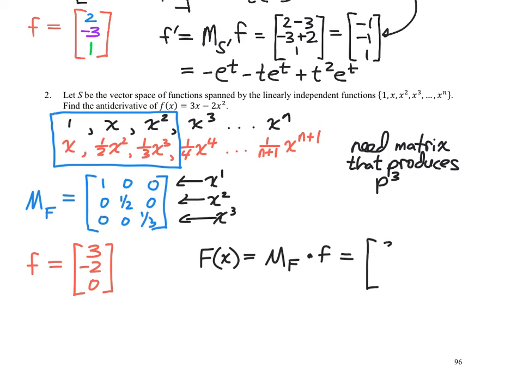So 3, -1, is it -1? Yeah, it's -1. Is it -1? And then 0?